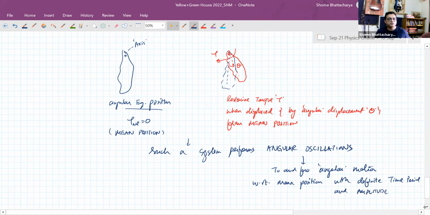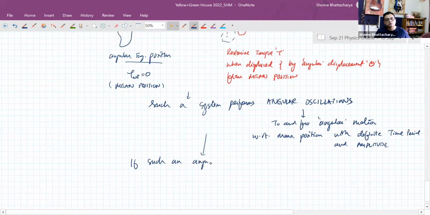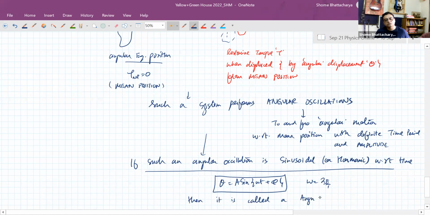Now, if such an angular oscillation happens to be harmonic, that is, sinusoidal or harmonic with respect to time, that is, the angular displacement at any point of time is theta equals A sin(omega t plus phi), where omega again becomes 2 pi upon time period, then it is called the angular harmonic motion.